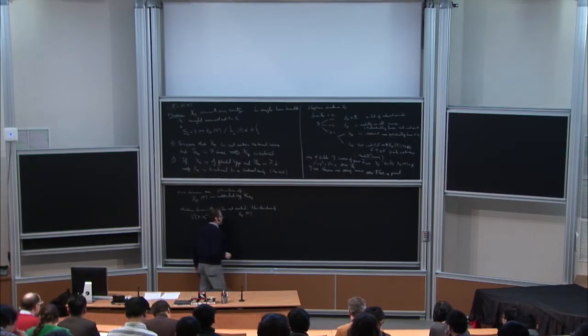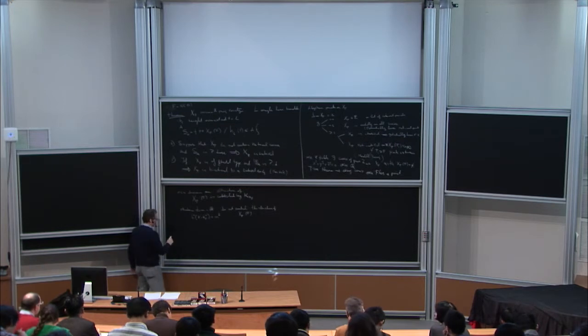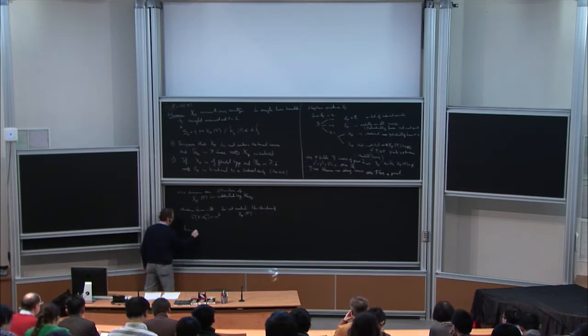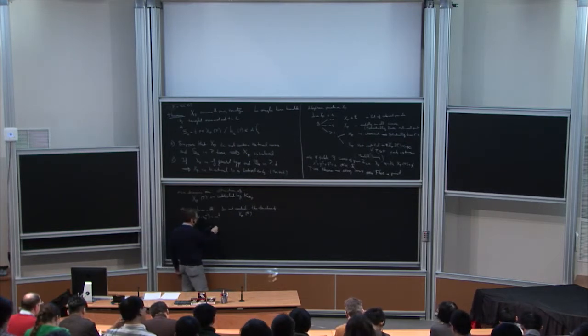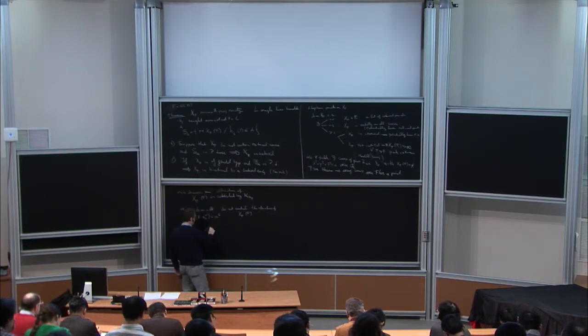Just to give an example, you take Kodaira dimension equal to minus infinity, and suppose the dimension of X is equal to 2.